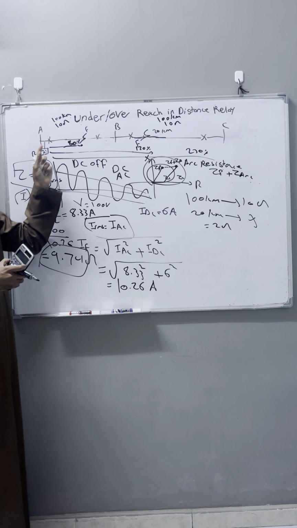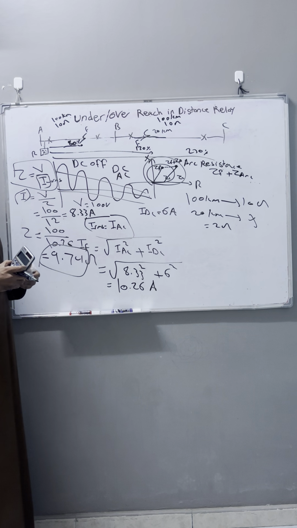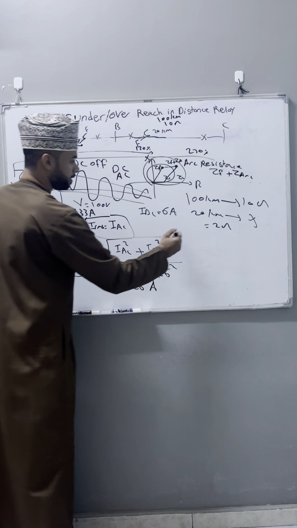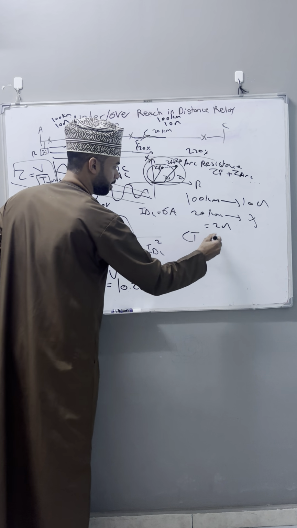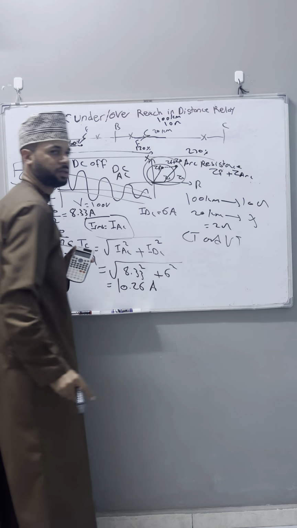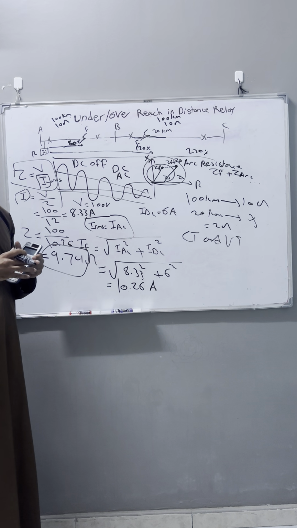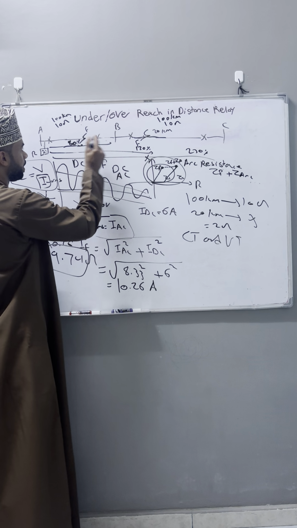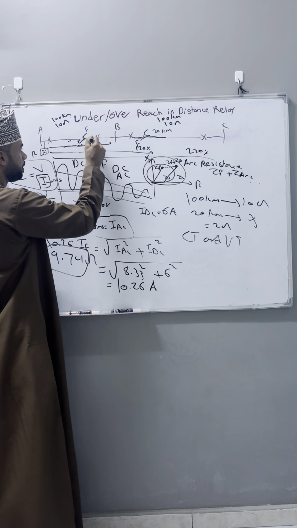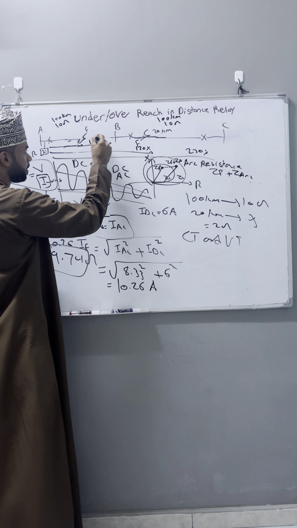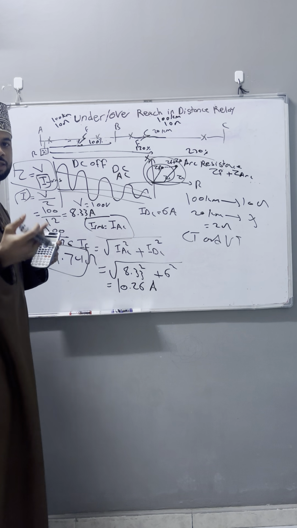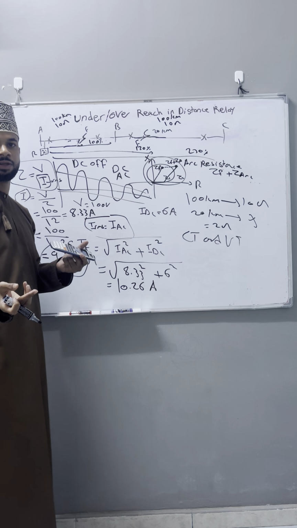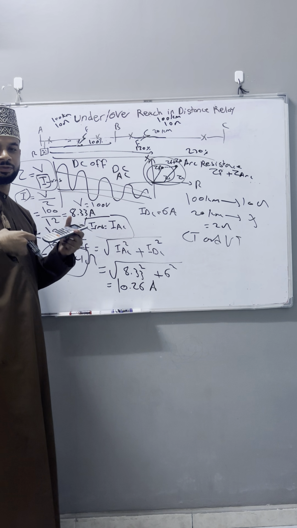So this is how underreach and overreach happen. Also, an important factor we need to consider is the CT and VT error. That's why, if you make zone 1 protect 100 percent, the chance of overreach and underreach will be more.